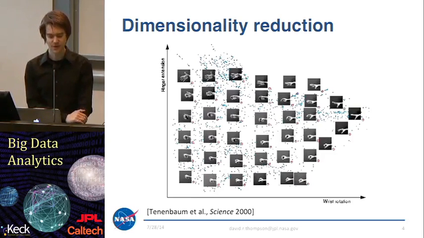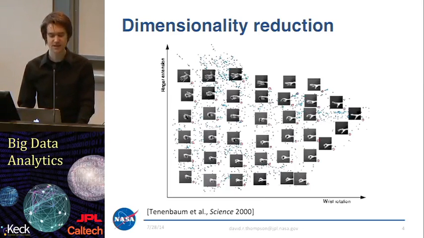Here's an example from a famous dimensionality reduction paper showing images of hands. So we've got probably a couple hundred data points here. These are the blue points that I've plotted in just 2 dimensions. And we've projected these data points down onto this 2-dimensional plane in such a way that neighboring points are similar to each other and distant points are dissimilar.